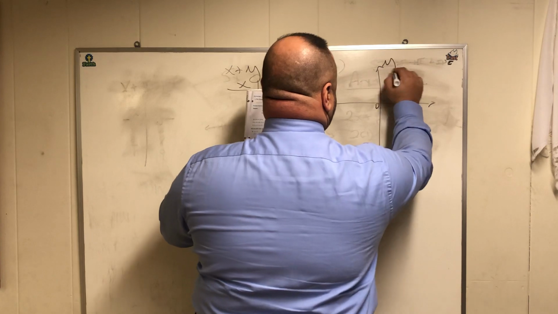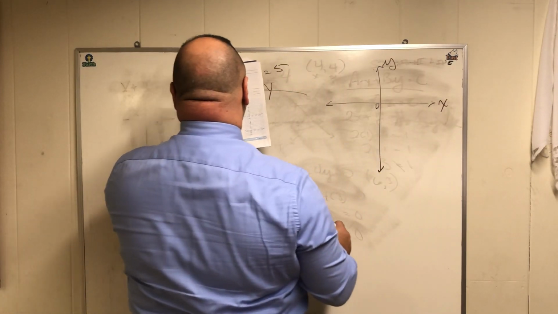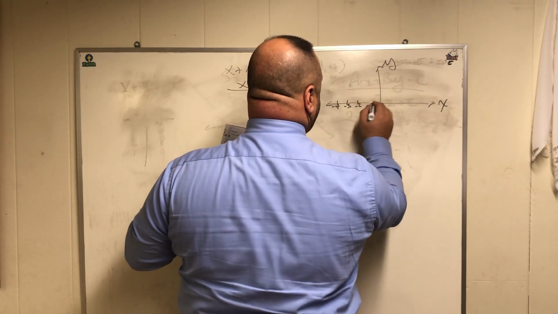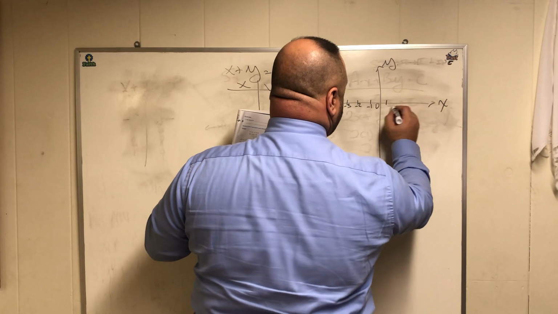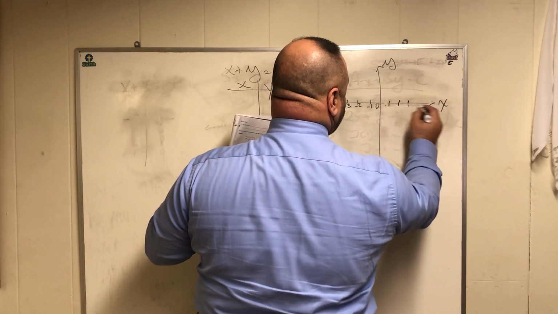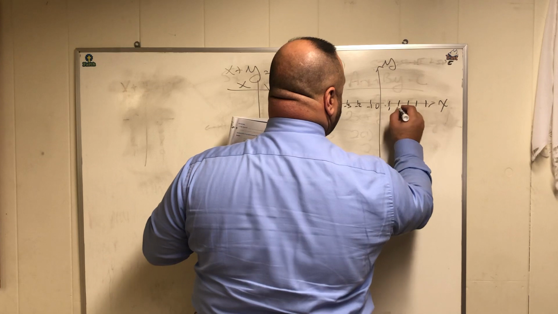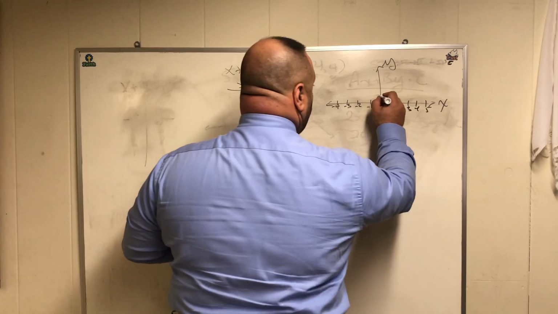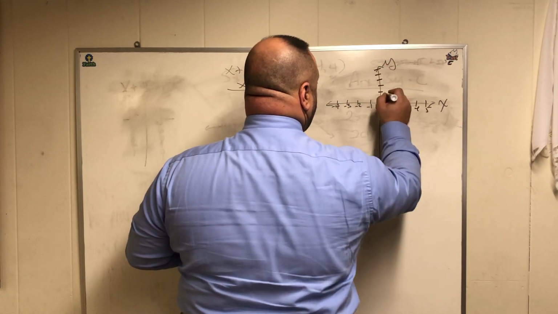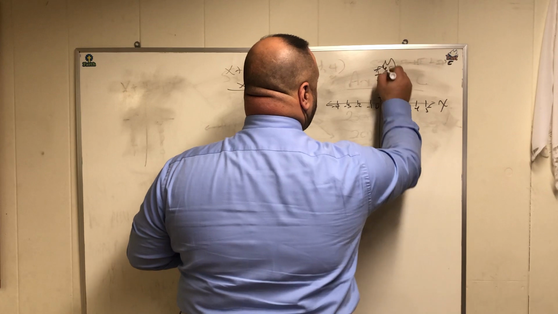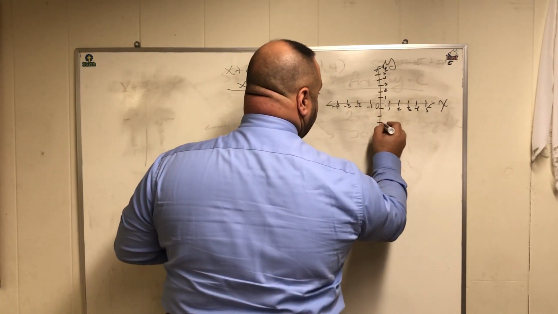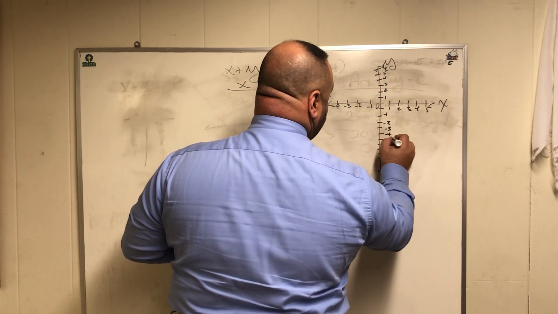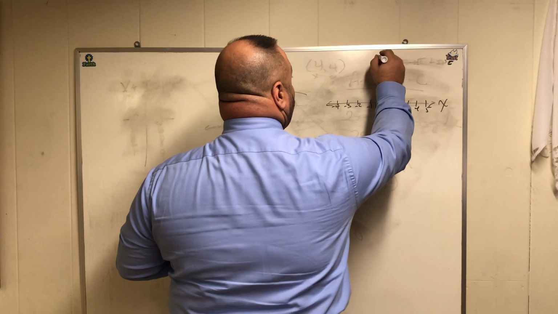So we have our x and y here, and we're going to go -1, -2, -3, -4, then +1, +2, +3, +4. And then let's do the top, and then the bottom, and so forth. We'll go a little higher here.